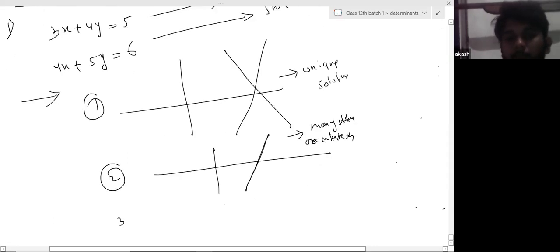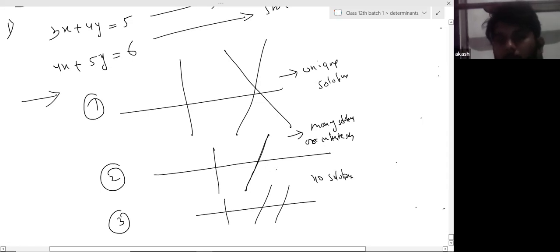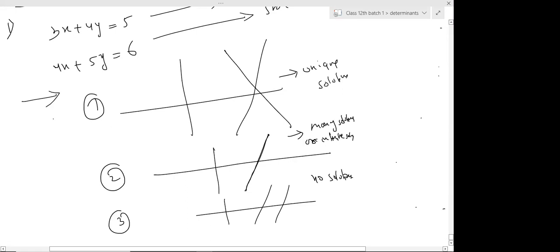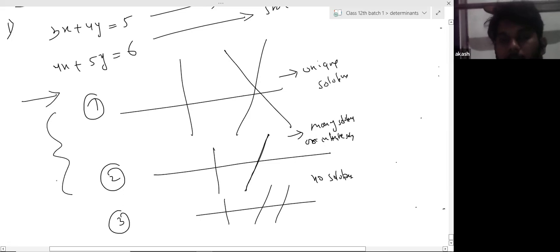The third situation is that both lines are parallel, with no solution. We all know this from class 10, I guess. The first two situations are called consistent. The last case is inconsistent.